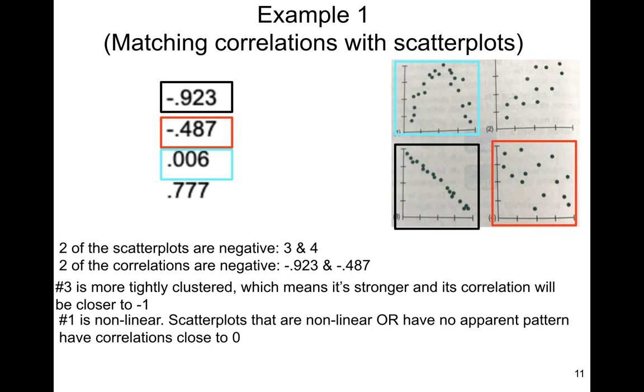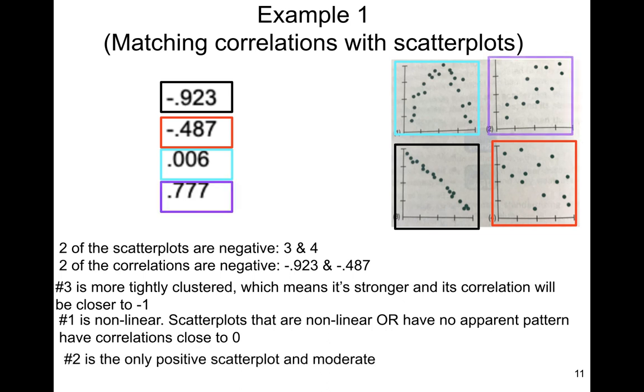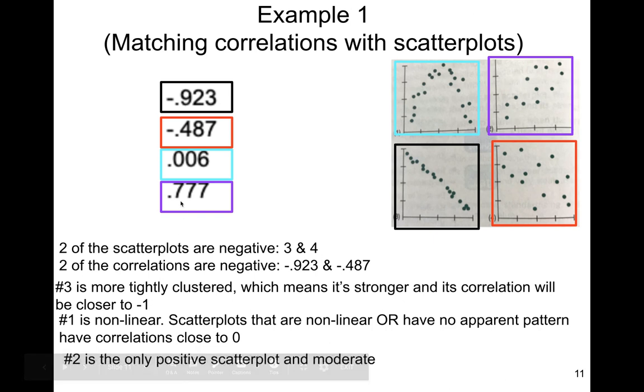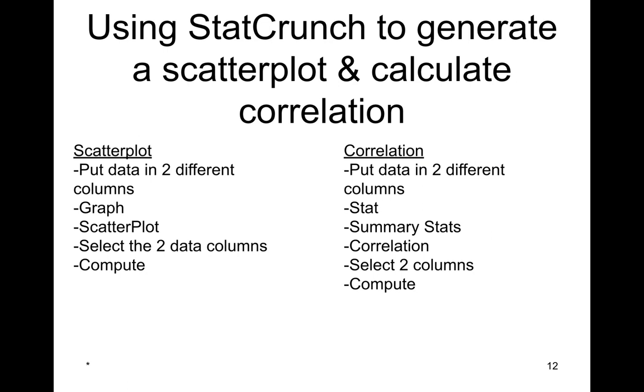Then obviously by process of elimination, that leaves 0.777 with scatter plot number 2. Notice that one is the only one that's positive. So I modeled for you how I went through and did this problem. You will have at least one problem just like this on your Math Excel assignment.